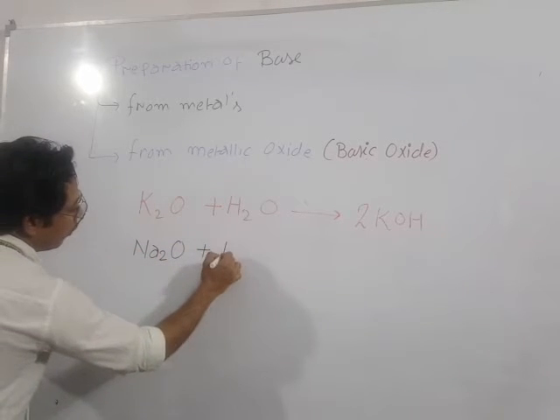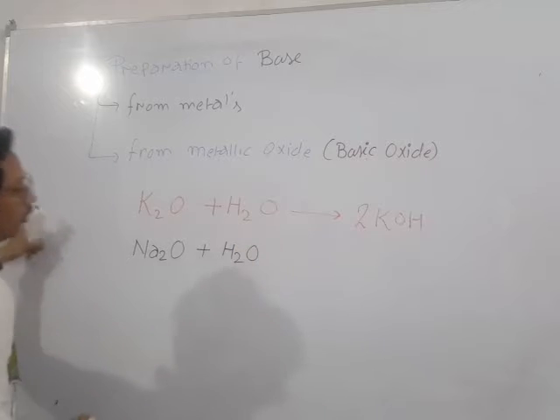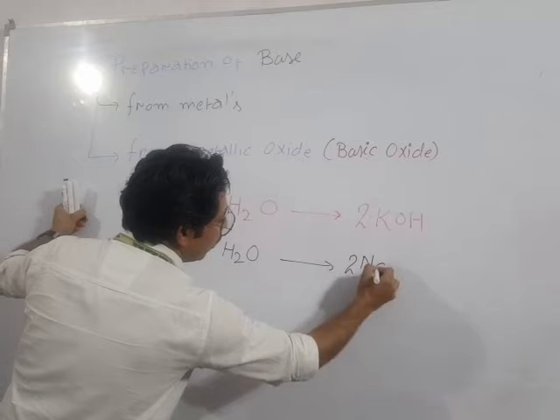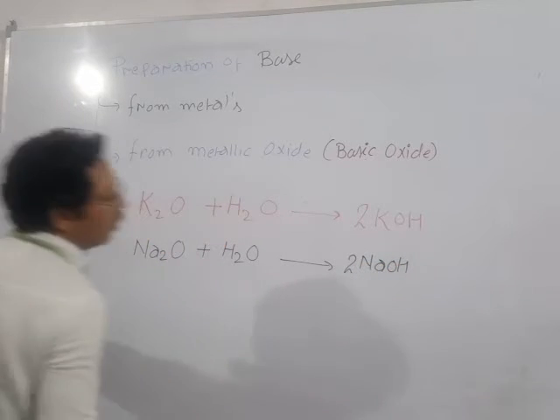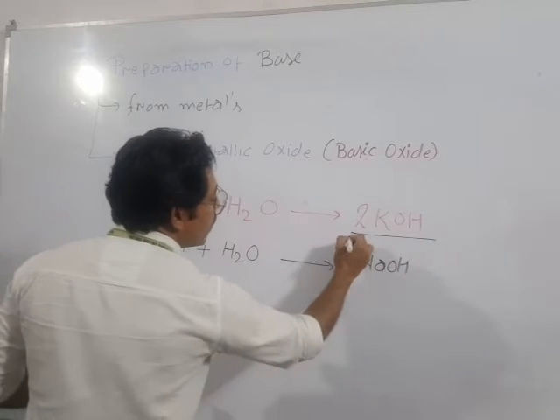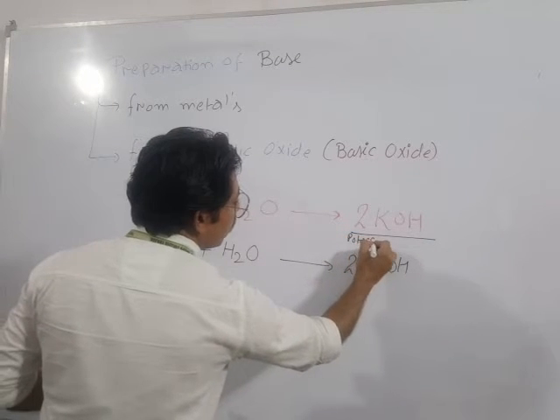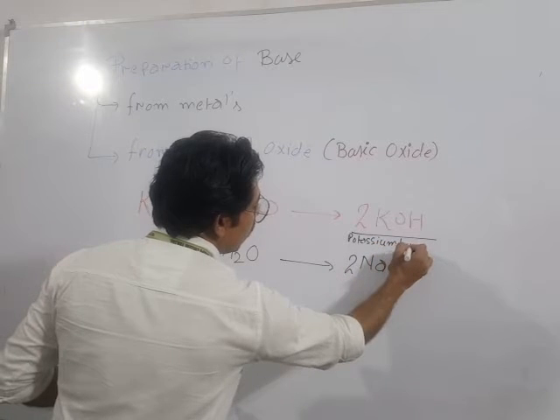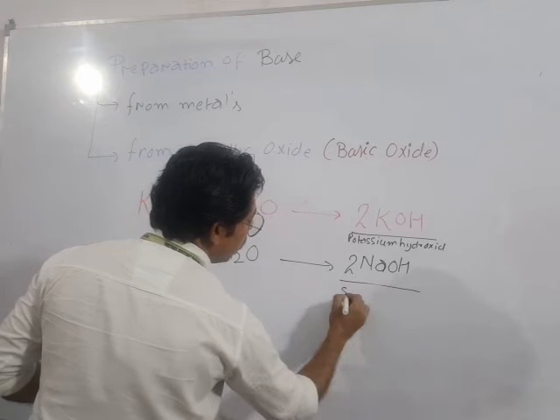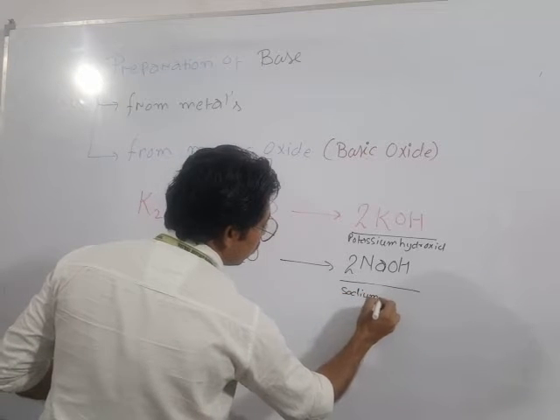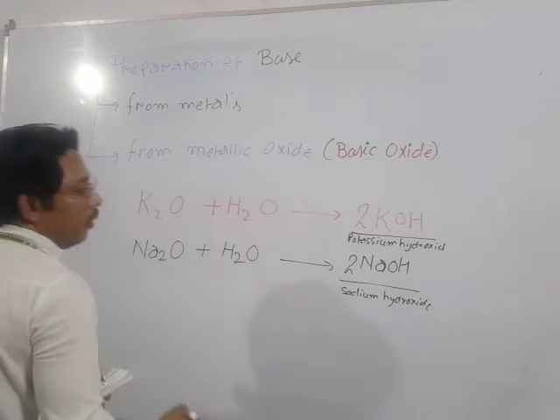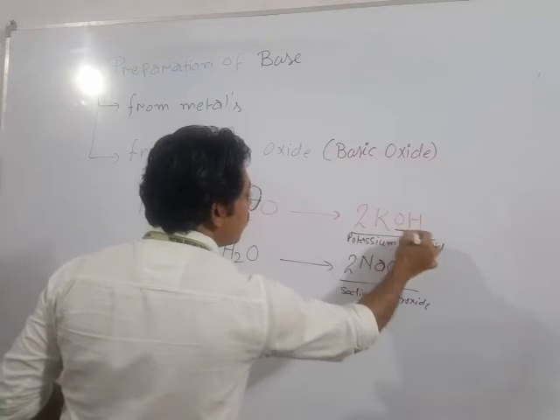Another example: Na2O reacts with water and forms 2NaOH. This one is potassium hydroxide and this one is sodium hydroxide.